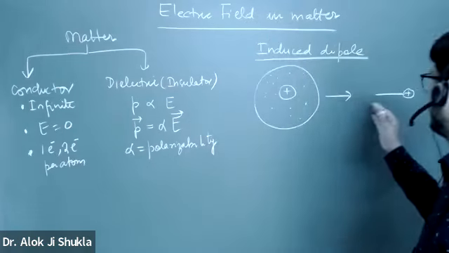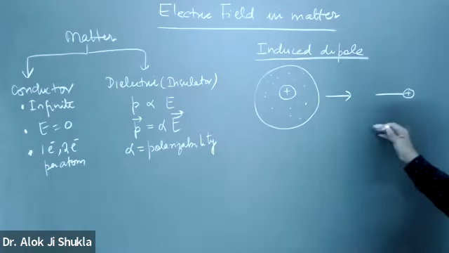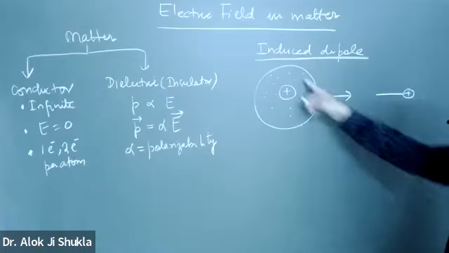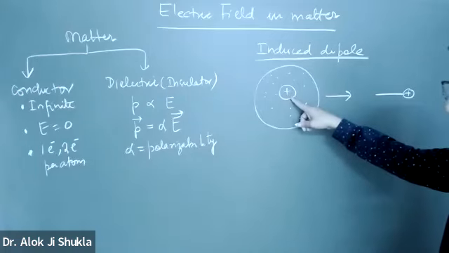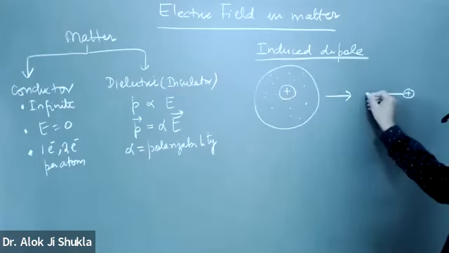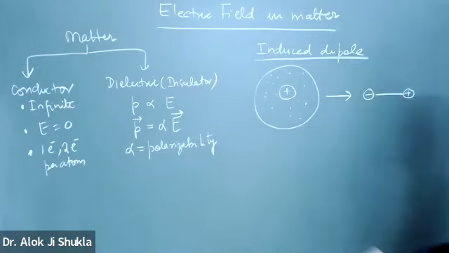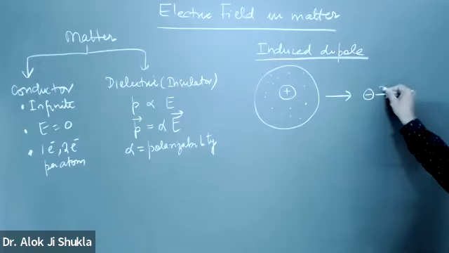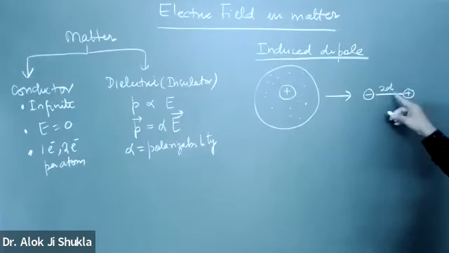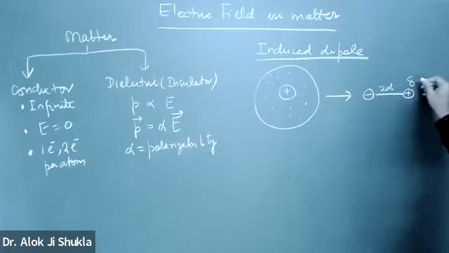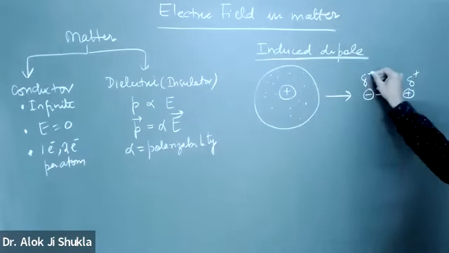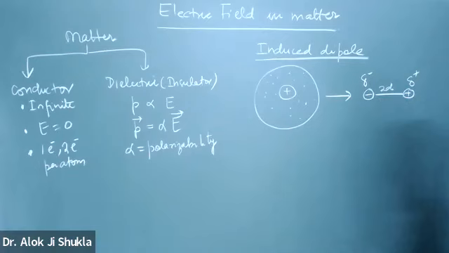But here what will happen when you apply an electric field, the positive charge will be shifted little bit towards right, and the center of negative charge which was over the positive charge will be shifted towards the left, and they will be separated at say some small distance 2d. And suppose this charge is delta plus, this charge is delta negative, so you can see a dipole moment being developed.